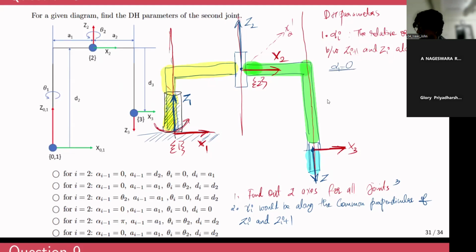And now the second DH parameter. Sorry, this is alpha i minus 1. The second would be a i minus 1.